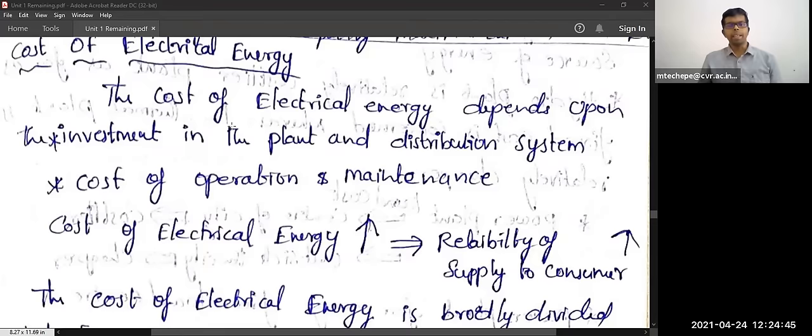Mainly, this cost of electrical energy depends on the cost of operation and maintenance, that is the O&M cost. Say for example, if you take a generating power plant, like a hydro station or a thermal station.